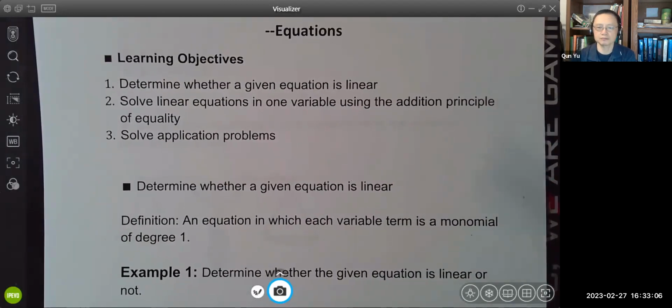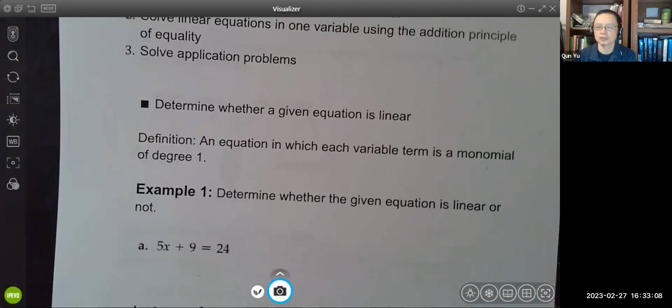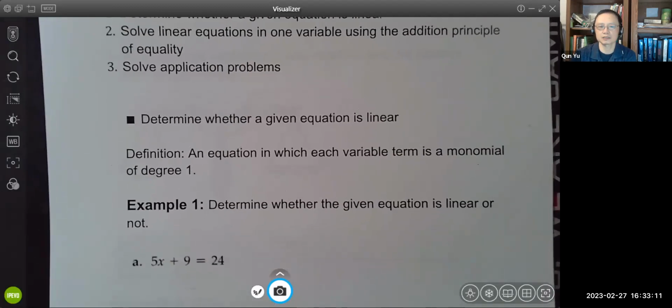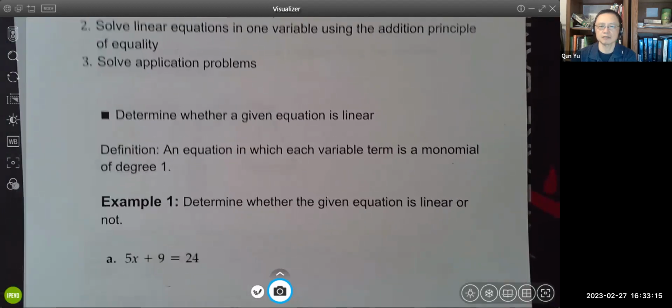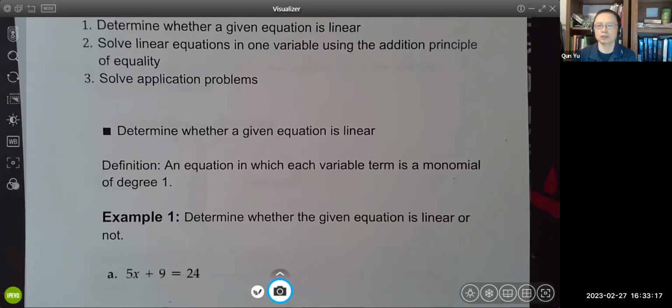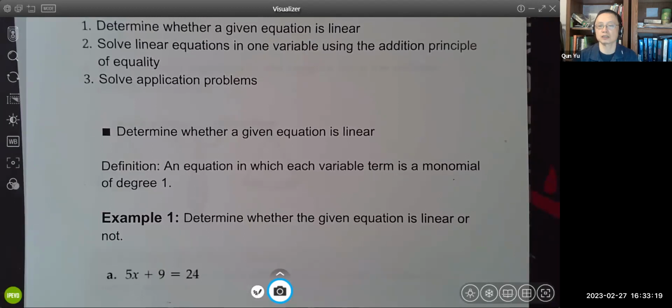The first one is we want to determine whether a given equation is a linear equation or not.